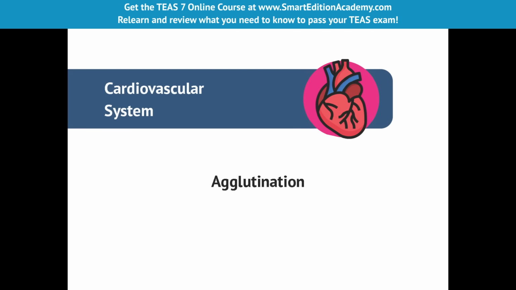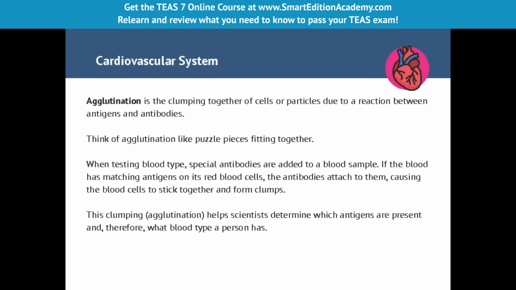Let's go over agglutination. What is it and what does it do? Agglutination is the clumping together of cells or particles due to a reaction between antigens and antibodies. So think of it as kind of like the puzzle pieces fitting together.